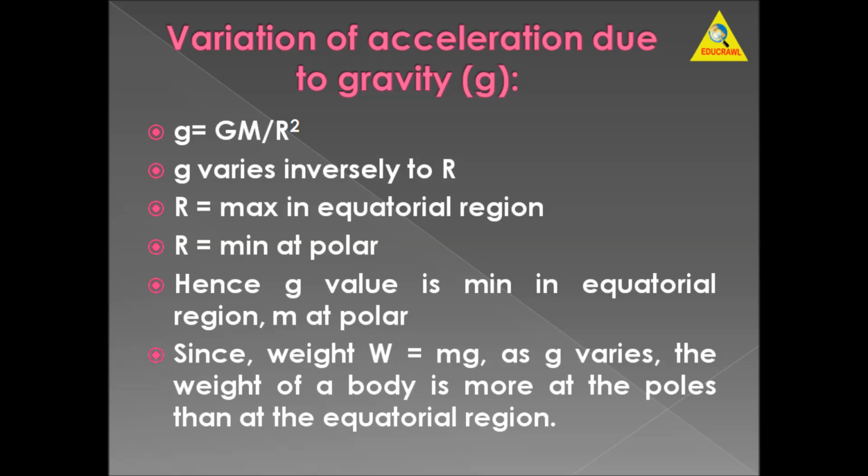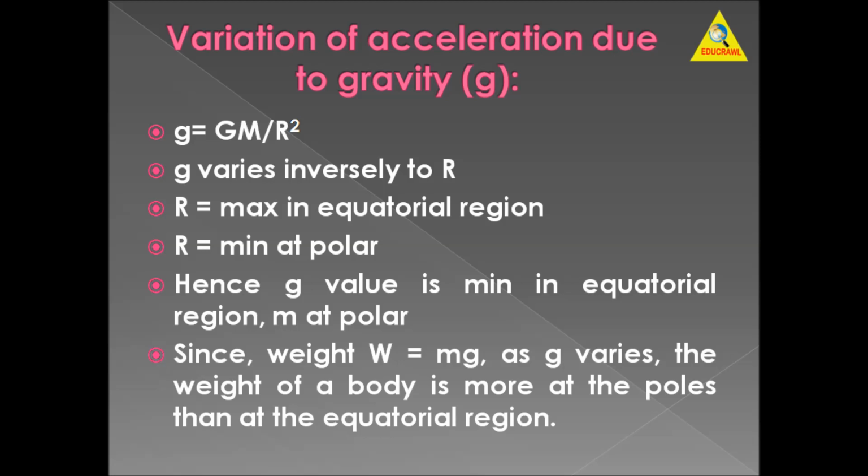Here as I said previously, the value g varies. The weight of an object also varies directly. When g is minimum at the equator, the weight is minimum at the equator, and the value of g is maximum at the poles. Hence, the weight of the object is also maximum at the polar region, because the weight and g values are varying directly.